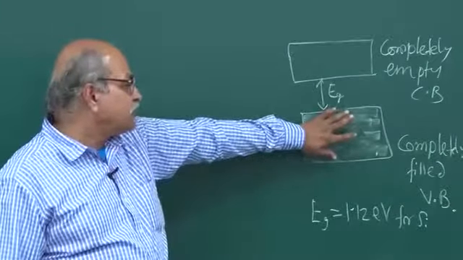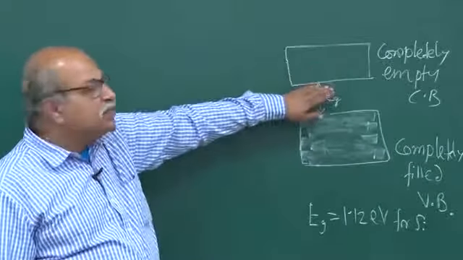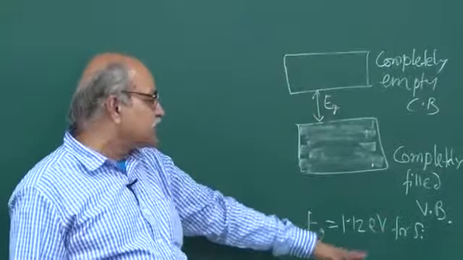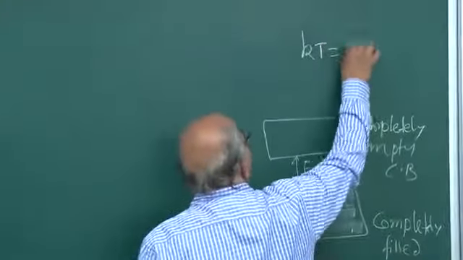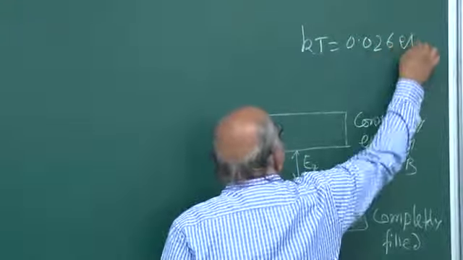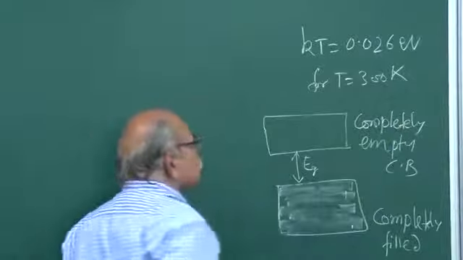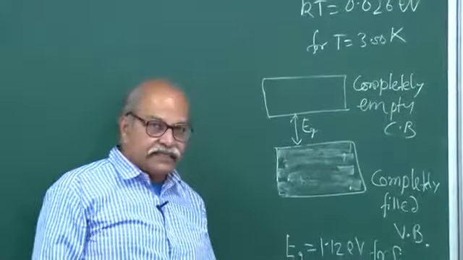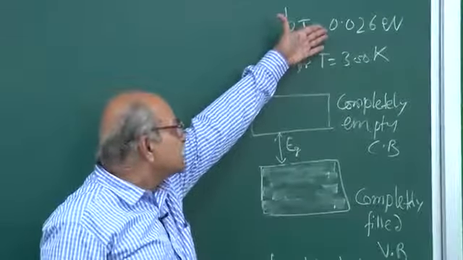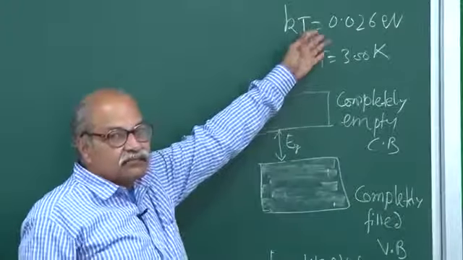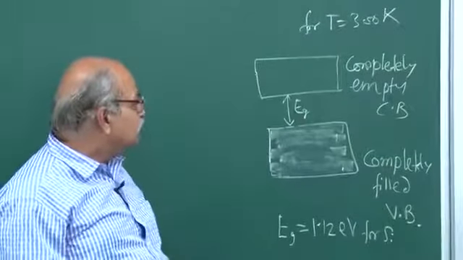The valence band will be completely filled at low temperatures, the conduction band will be completely empty, and there will be a gap which is not much larger than the room temperature value of kT, which is 0.026 eV for T equal to 300 K. So, room temperature, because all our work is around that temperature only. Eg is surely larger than this, but it's not 100 times or 200 times. So, this kind of material we call semiconductors.